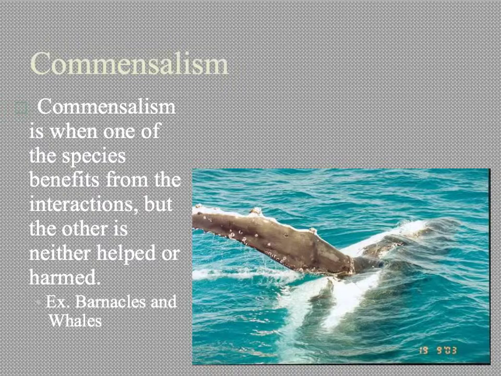However, they're benefiting from the water that's getting passed through them. It's constant movement of water, and the water also carries food particles to them. So they're basically their food source. So the barnacles are getting their food source, while the whales are not really getting any type of benefit, but they're also not being harmed. That's the important indicator for this type of relationship.